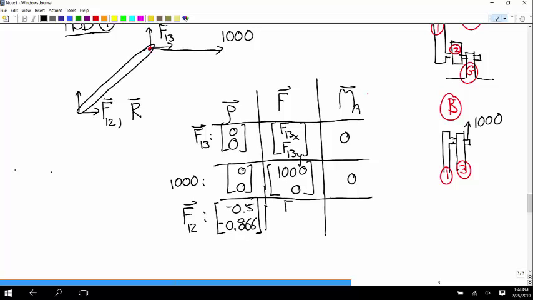The force vector is F12x, F12y. The cross product is negative 0.5 F12y plus 0.866 F12x.